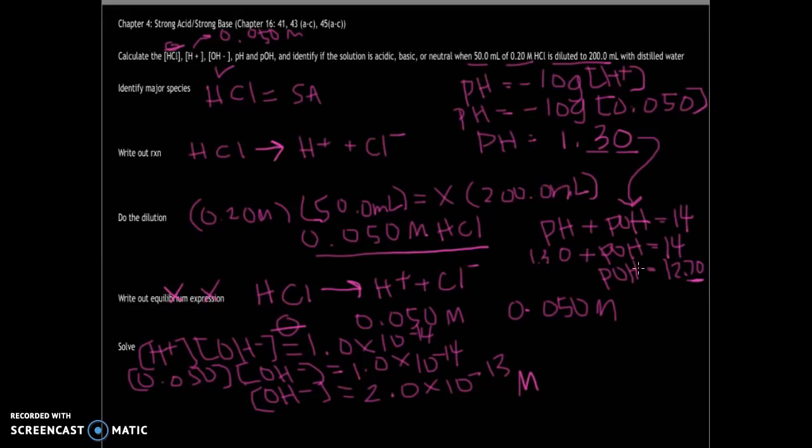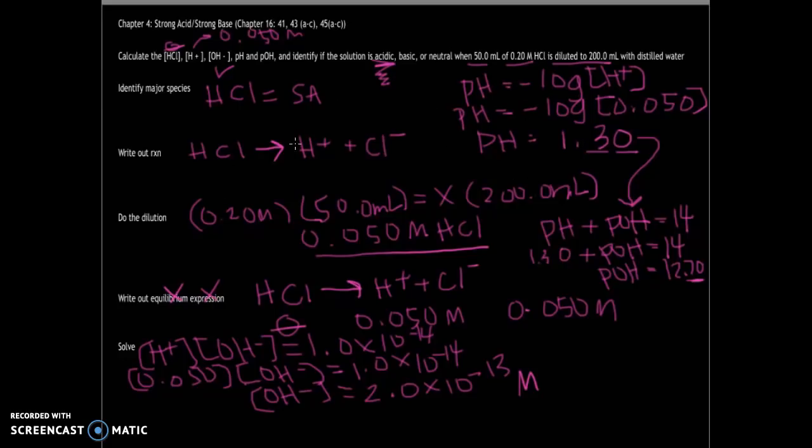Now, notice the pH is 1.30. What do we know about pHs in the 1 range? Definitely acidic, right? It asked whether the solution was acidic, basic, or neutral. Well, thank goodness, because hydrochloric acid is an acid. So I'm really glad we ended up with an acidic pH.